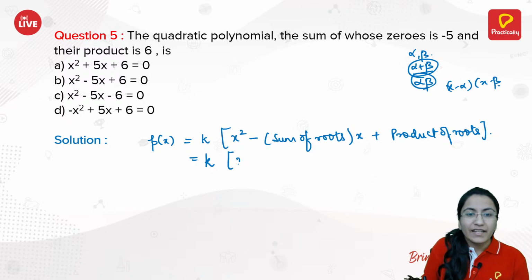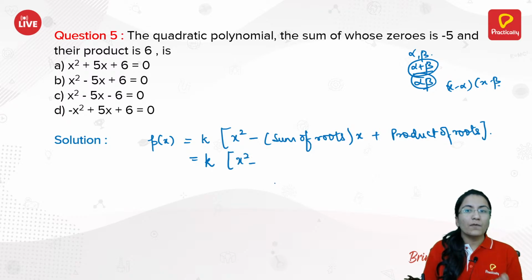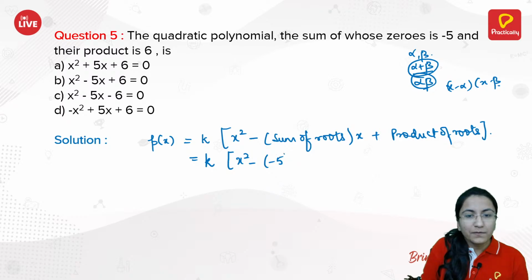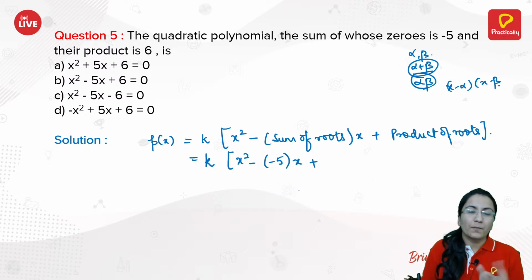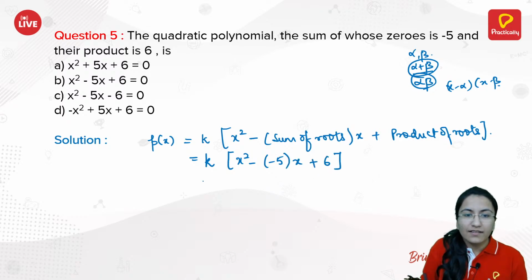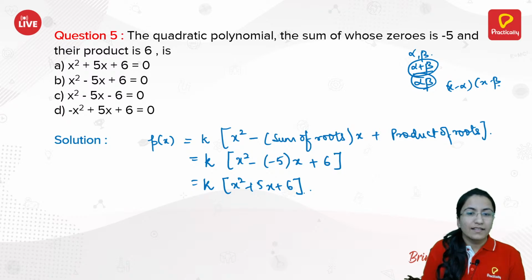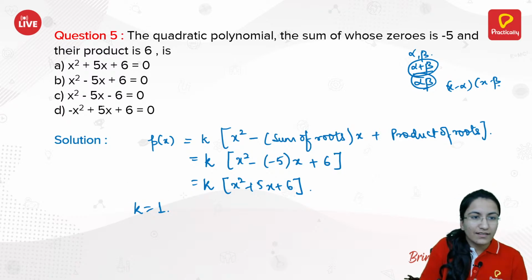So k x square minus the sum of roots, that is -5, into x plus the product of roots, that is 6. So you have constant times x square plus 5x plus 6. If you input k as 1, why did I take the value of k as 1? Because the coefficient of x square is mostly 1 in each and every case.